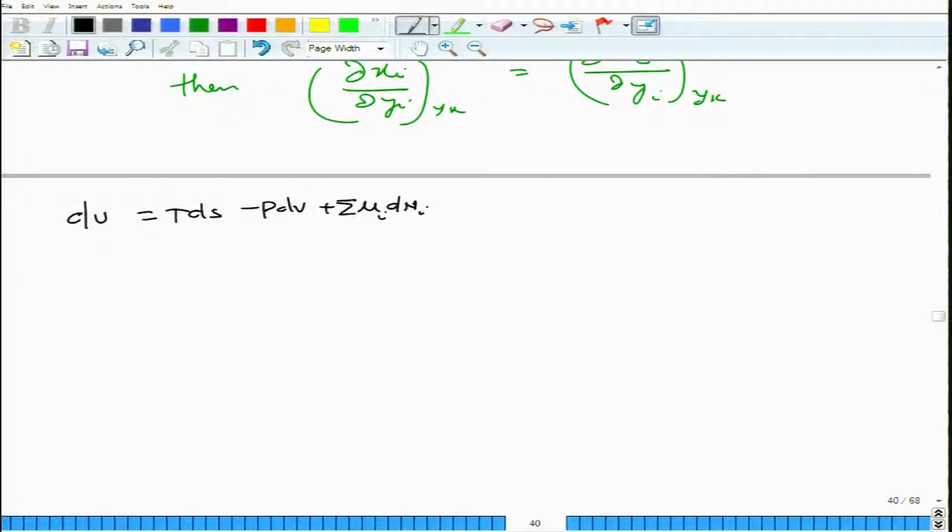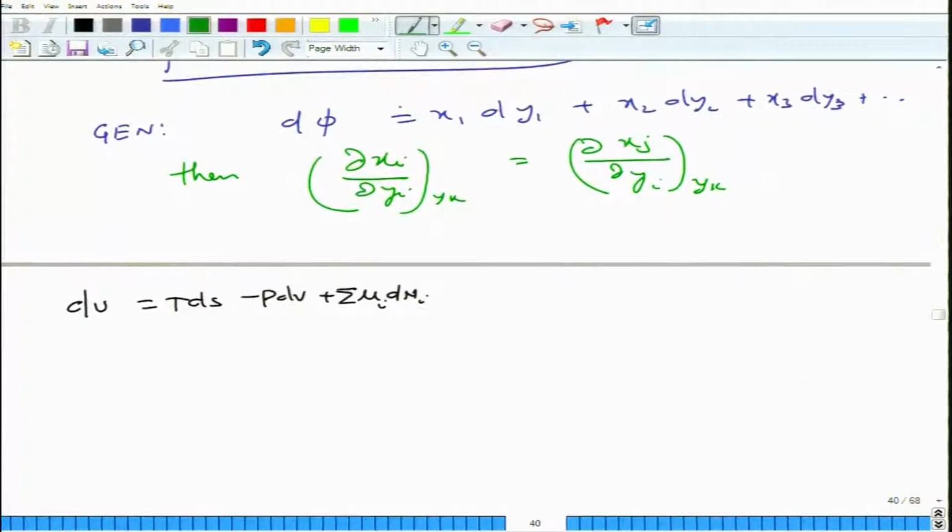Now for this you can clearly get the expression, because that is what I talked about, del xi by del yj in this form. So, this is equivalently del T by del V, which would be the same as minus del P by del S.